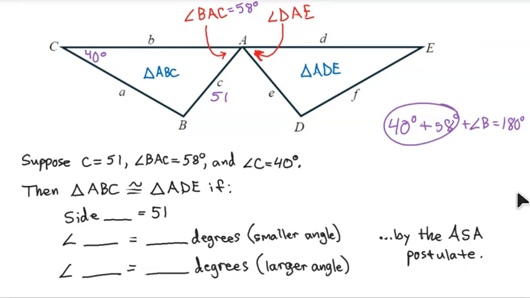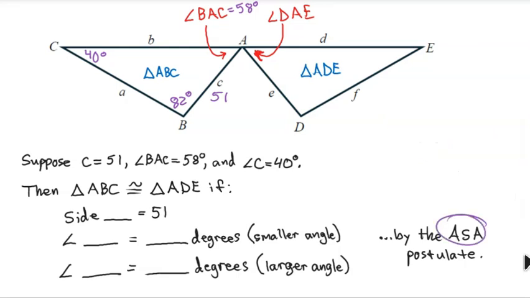Well, 40 plus 58 is 98. So if we subtract 98 degrees from both sides, we get angle B is equal to, what do we got here? 82 degrees, okay? And so that must mean that angle B is automatically 82 degrees.